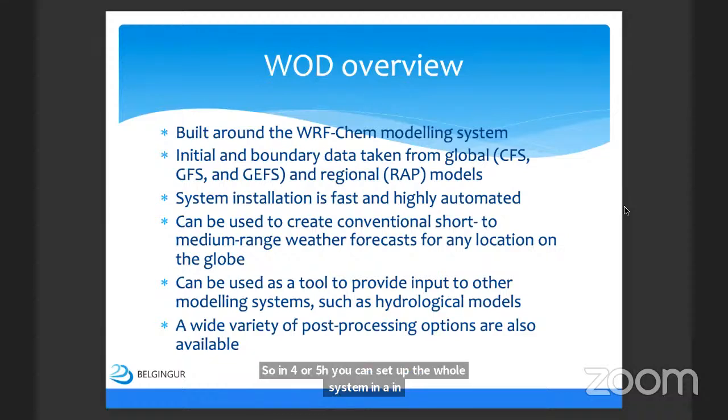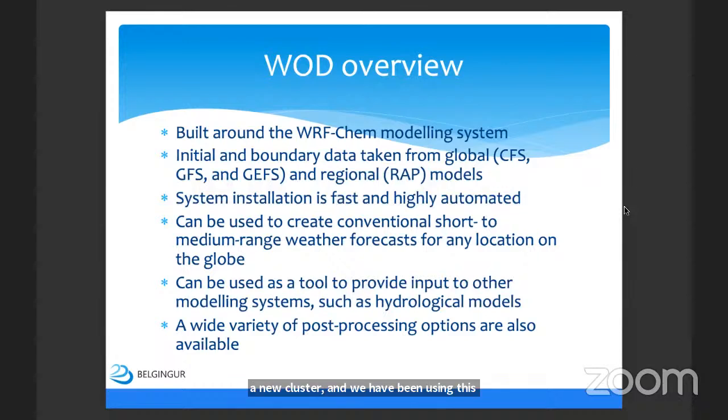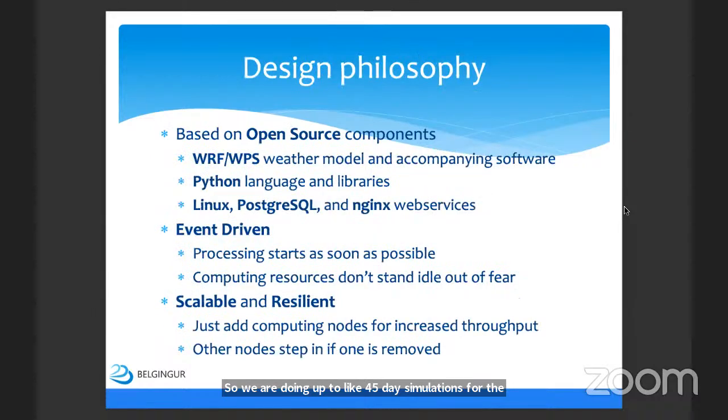And we have been using this to create what I would call conventional short to medium range forecasts. And this can also be used to scale down long range CFS forecasts. So we are doing up to like 45-day simulations for South America at the moment. So the philosophy is, in short, it's open source.